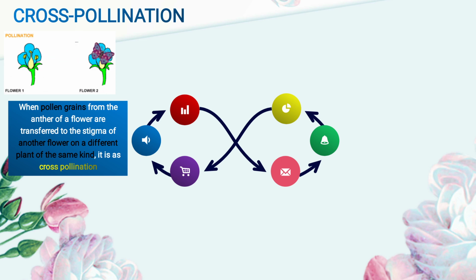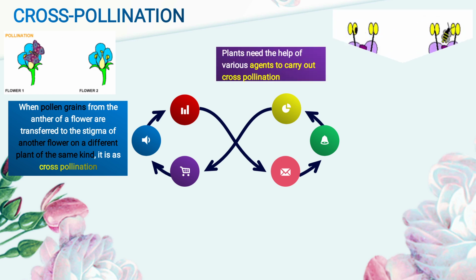It is not that the pollen grain of the rose flower will go to the wheat flower and the wheat will give the rose. It doesn't, because of the same kind. Rose will give to the rose plant, wheat will give to the wheat plant. That is the meaning of same kind. Okay. So it is transfer to another flower on a different plant of the same kind. You see in the image also it is showing cross pollination.